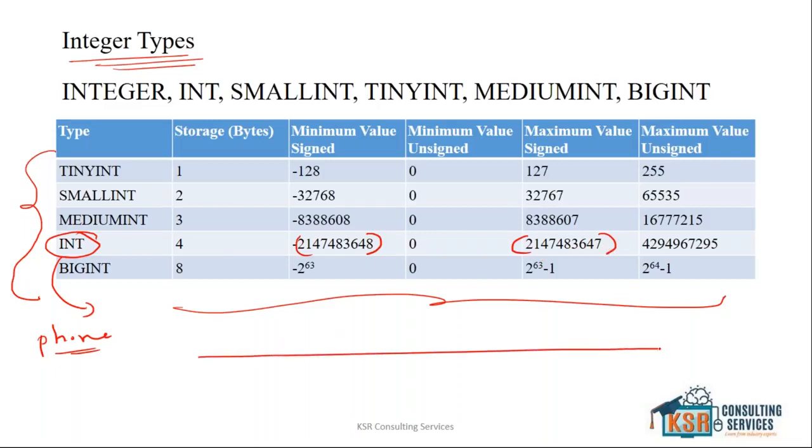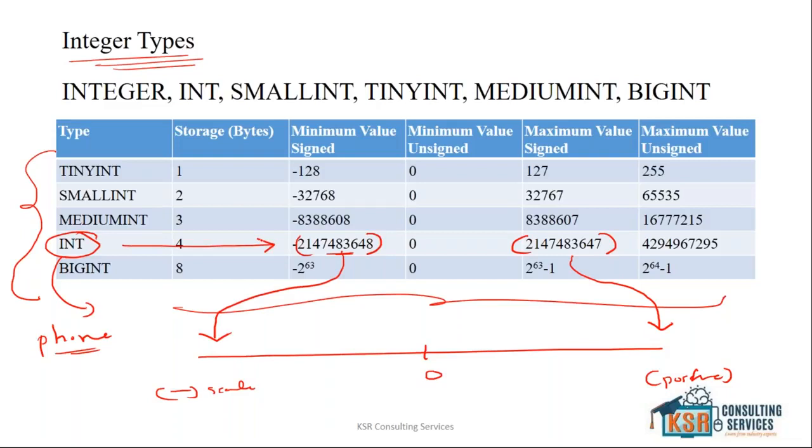Let us take a scale: this is 0, this is the negative side, this is the positive side. This is the last negative number it can fit, and this is the last positive value that can fit with respect to the integer data type. I just gave integer for my phone number.